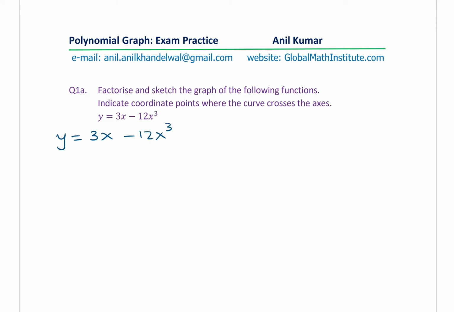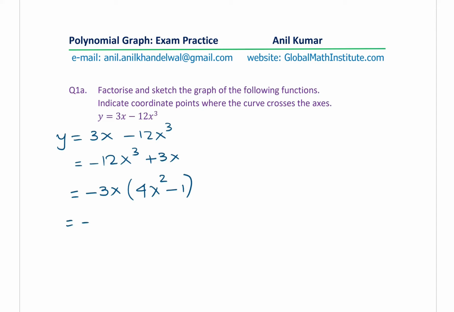It is always better to write the highest degree first, so it is minus 12x cubed plus 3x. It is good to take the minus also as a common factor, so minus 3x is the common factor. That makes this positive 4x squared, and here we get minus 1.